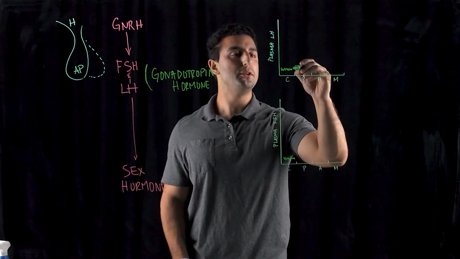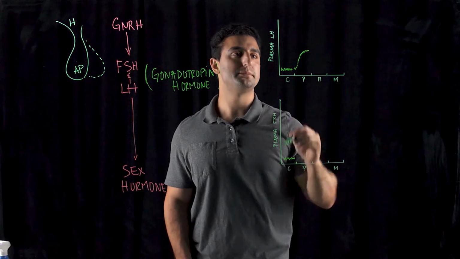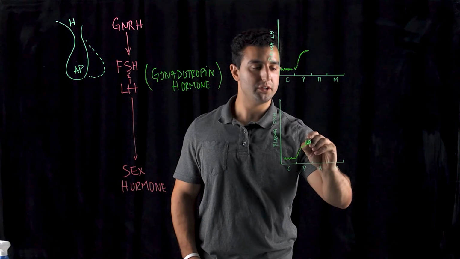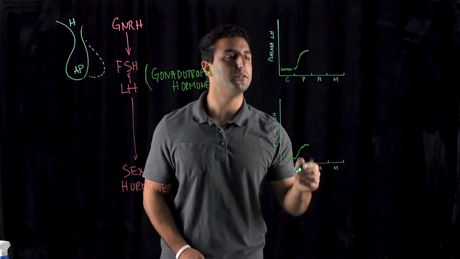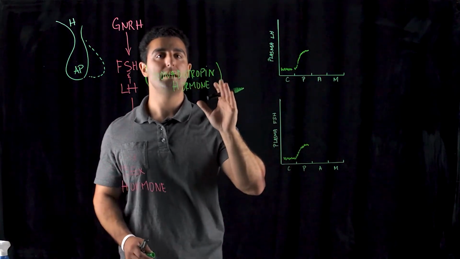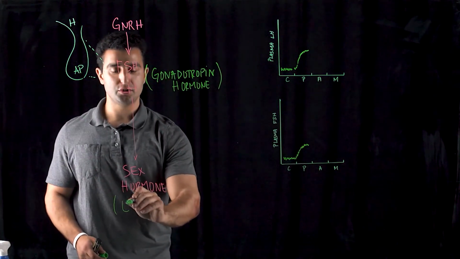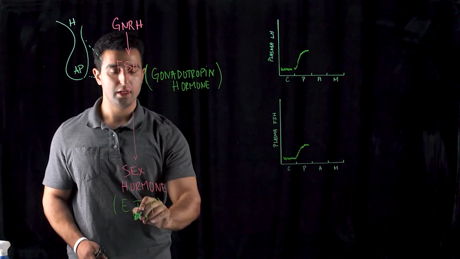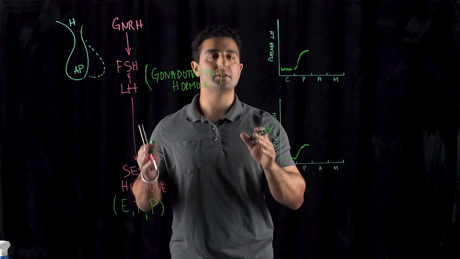Eventually, whenever you hit puberty, you have sort of a skyrocket. You have this increase in concentration of these gonadotropin hormones, so at puberty, luteinizing hormone and follicular stimulating hormone spike. Now you have all the sex hormones coming in, your estrogen, testosterone and progesterone. We're not talking about a selective person, just sex hormones, and they begin to increase during puberty.